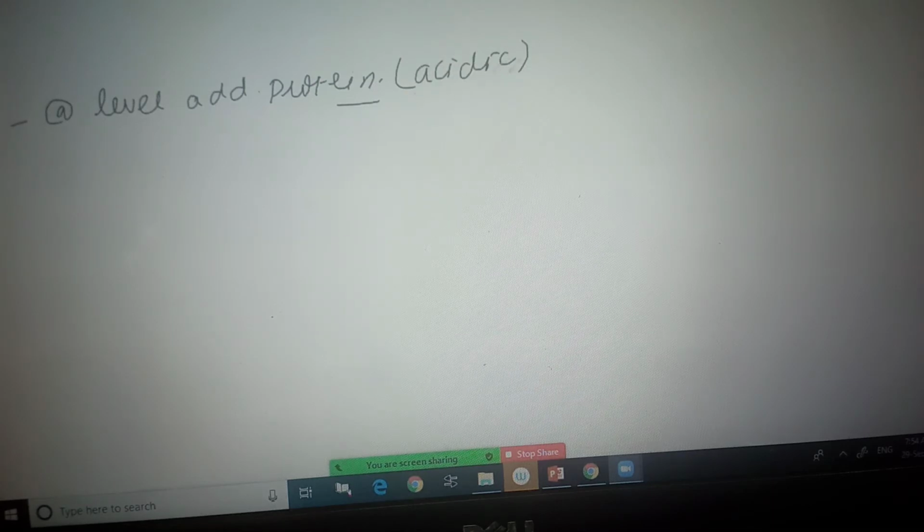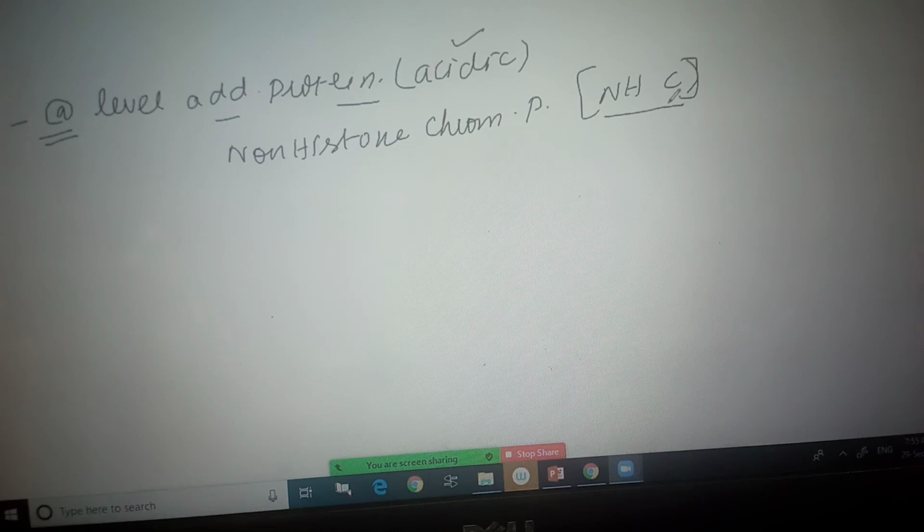They are collectively referred to as non-histone chromosomal proteins, in short NHC. So the packaging of DNA at a higher level requires some additional protein that should be acidic in nature: the non-histone chromosomal protein, NHC.